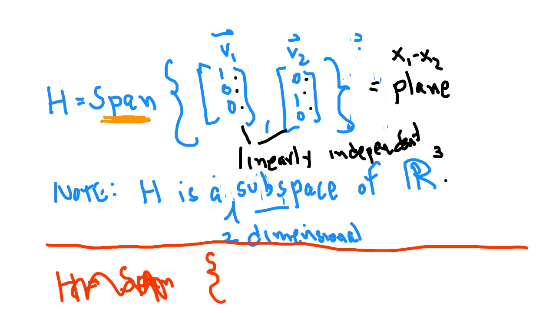Really what I want to do is justify theorem 4 in section 4.3. So I'm going to put 1, 0, 0, 0, 1, 0. So far, are my vectors linearly independent? 1, 0, 0, and 0, 1, 0. Yes, so far they're linearly independent. Okay, I'm trying to make things look good here.